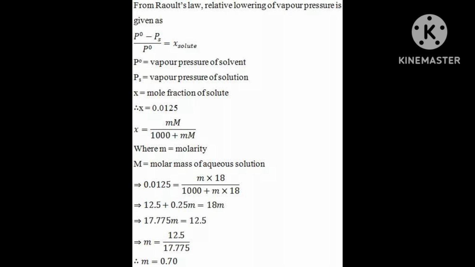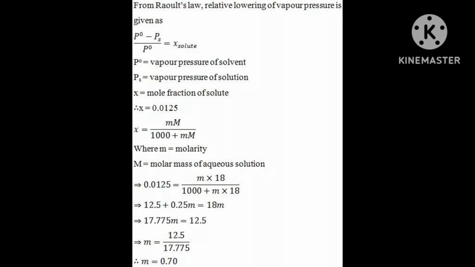You write 0.5 in the place of W2, and for benzene, M1, the molecular mass of solvent, you write 78. Down, M2 you want to calculate, and W1, the solvent weight, is given, 39.